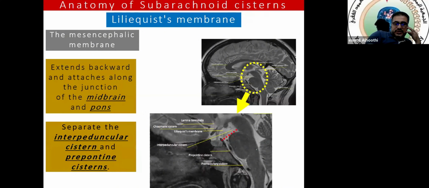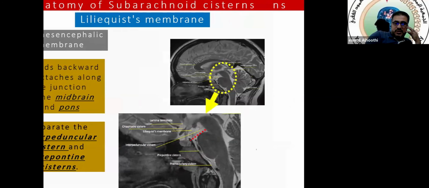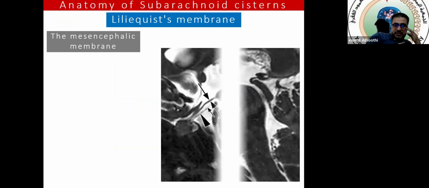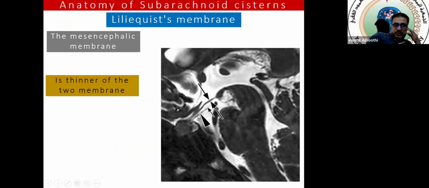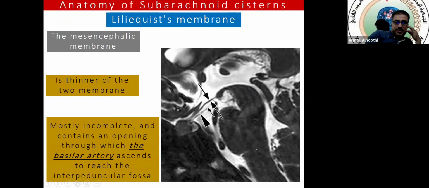It separates the interpeduncular system from the prepontine system, but it's thinner than the diencephalic. As we note here, this is the diencephalic, and this is the mesencephalic. The mesencephalic is a thinner membrane, and it's fenestrated and allows the basilar artery to pass through it.